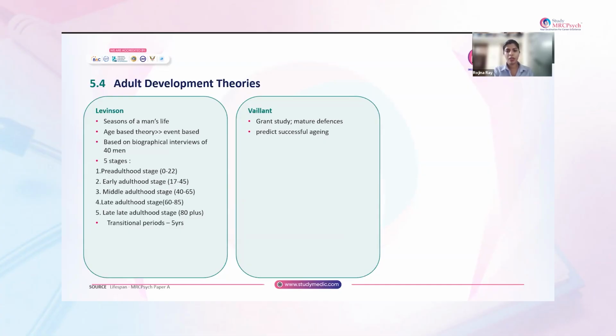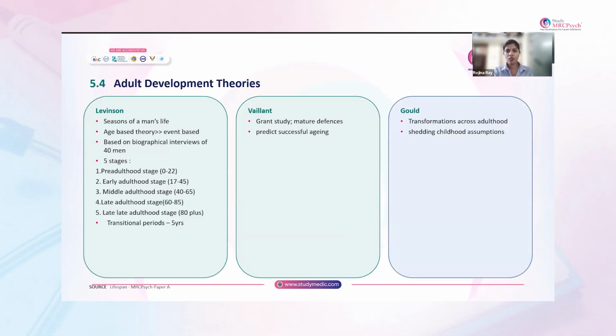Now the third theory is by Roger Gould. Roger Gould proposed that adulthood is a process of psychological transformation. So when individuals mature, they gradually let go of unrealistic beliefs that they have acquired from childhood. For example, as a child, you may have a belief that my parents are always right, or someone else will solve my problems, like a damsel in distress.